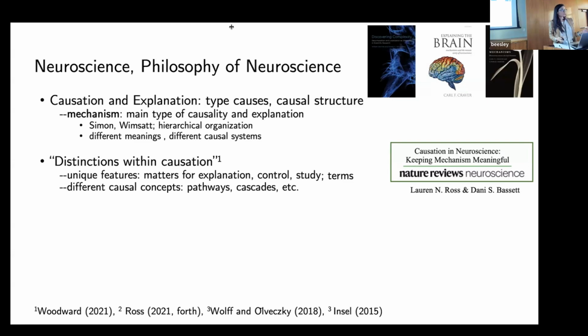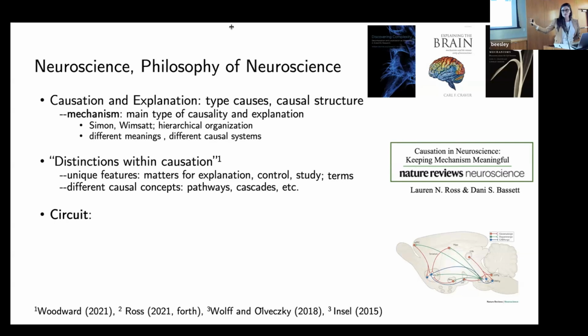Now, what's interesting is that there are, of course, many other causal terms and concepts that neuroscientists very frequently use. We've heard many of them in the talks today. Terms like pathways, cascades, and a central concept that's showing up more and more recently in neuroscience is the notion of a circuit. Now, the notion of a circuit isn't a causal term that we see showing up in remote parts of neuroscience and infrequently being cited.